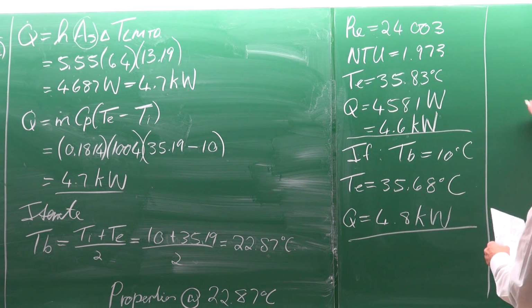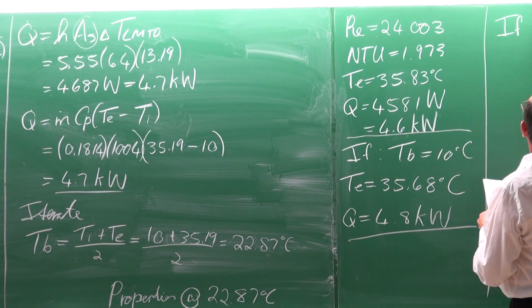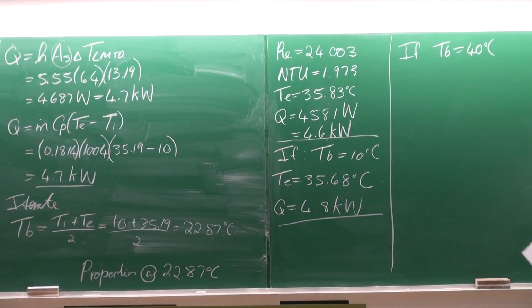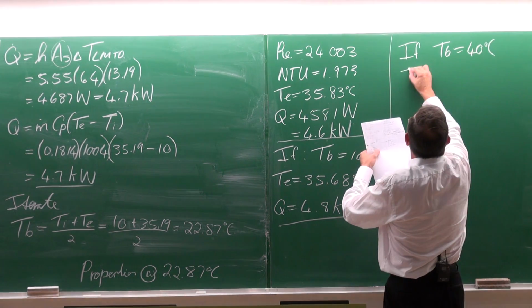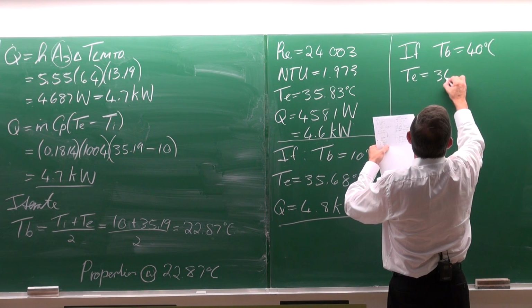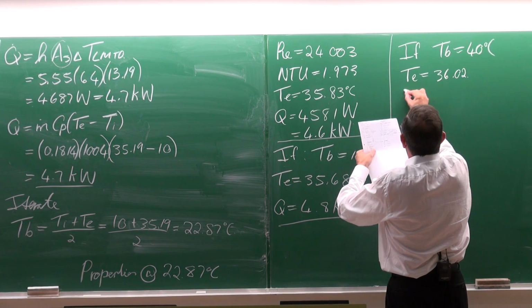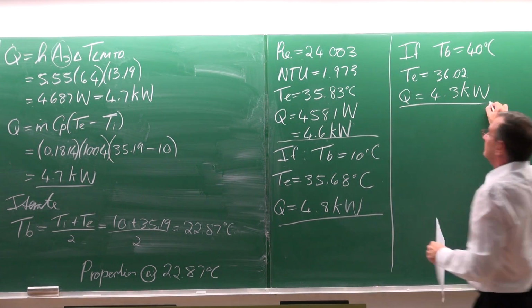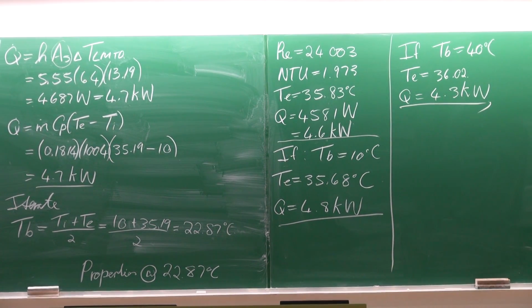Even worse, if I had chosen a bulk temperature of 40, and I redo the calculations, I would get an outlet temperature of 36.02 and a heat transfer rate of 4.3 kilowatts. So you will see that the problems are not that sensitive to changes in properties, but you always need to think about it. It is important.